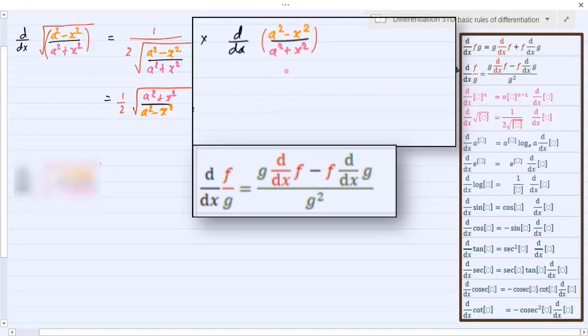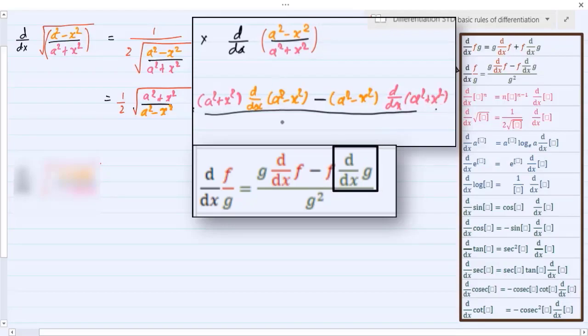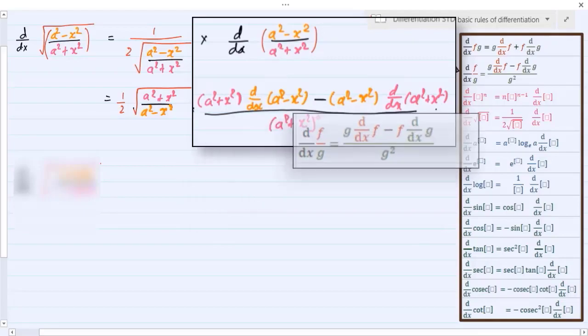Now according to the division rule, our denominator will be as it is. We have to differentiate our numerator, which is a square minus x square, minus in second term our numerator will be as it is. We have to differentiate our denominator upon your denominator whole square.